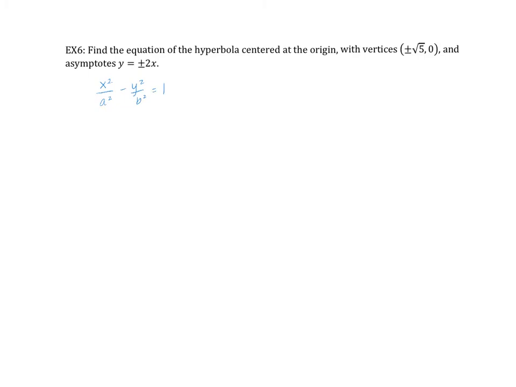So my a value is the square root of 5, which means my a squared is 5. I just have to find my b value, and then I'm done.